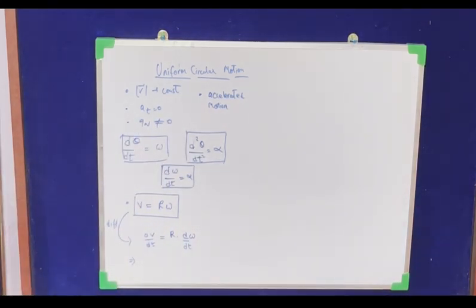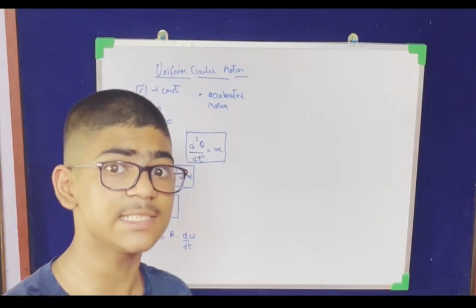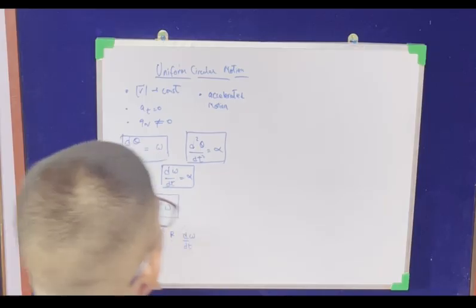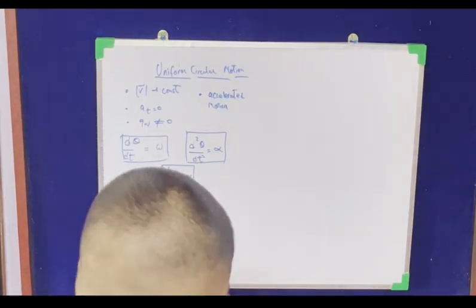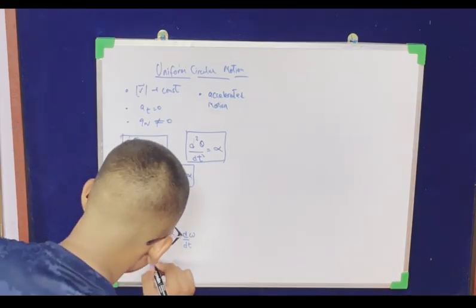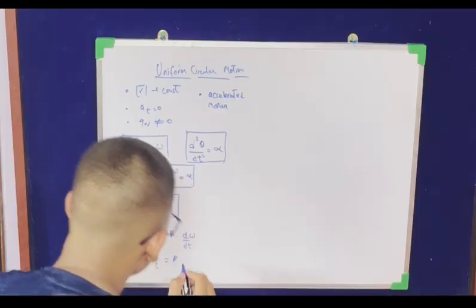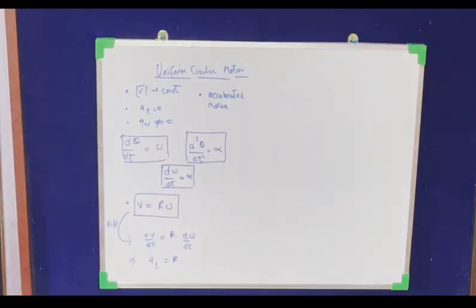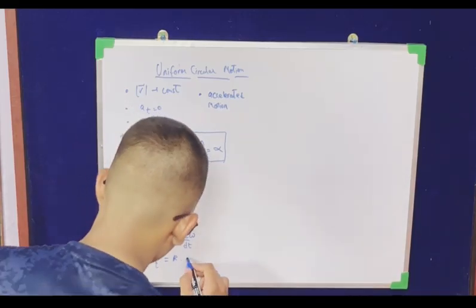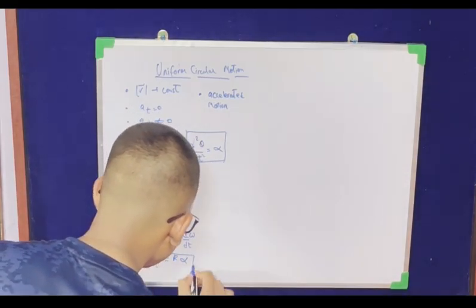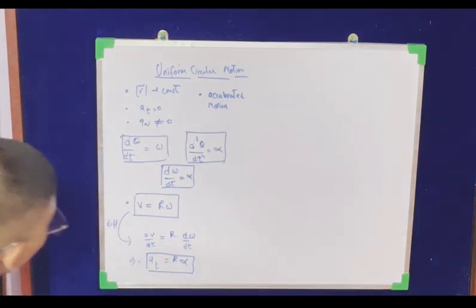Here v is not the velocity, v is the magnitude of velocity, which is speed, and we have learned that the differentiation of speed with respect to time gives us the tangential acceleration. So it is equal to r into the differentiation of omega with respect to time, which gives us angular acceleration. So tangential acceleration is equal to r times alpha. This is also an important result.